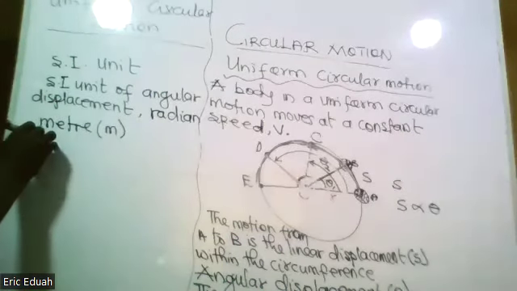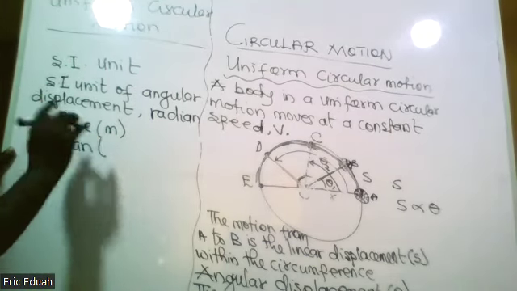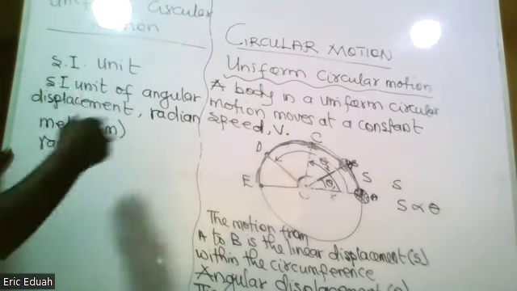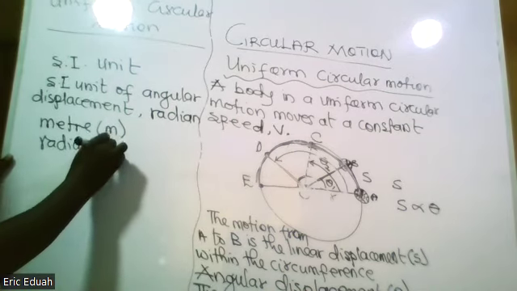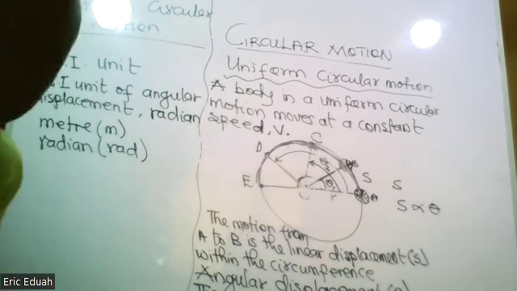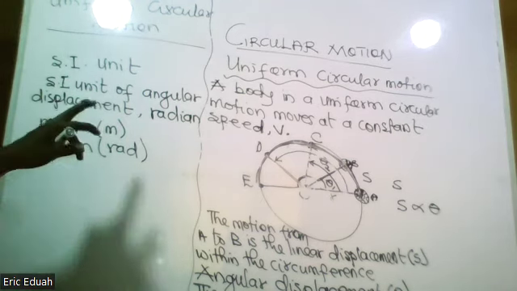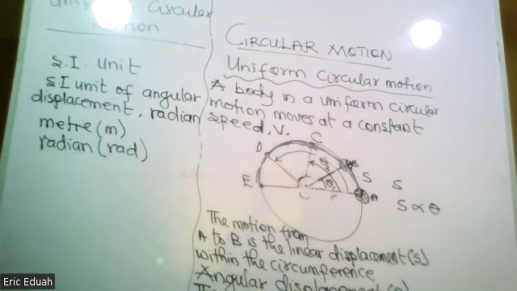For radian, its denotation or representation is rad, and you see this on your calculator. It is another angular measurement, the SI unit. You often use the degree.